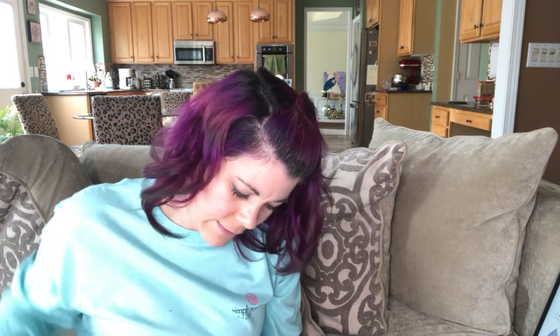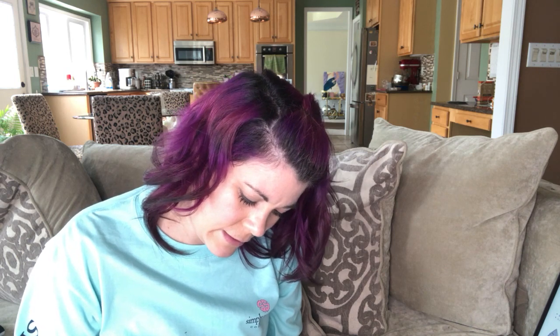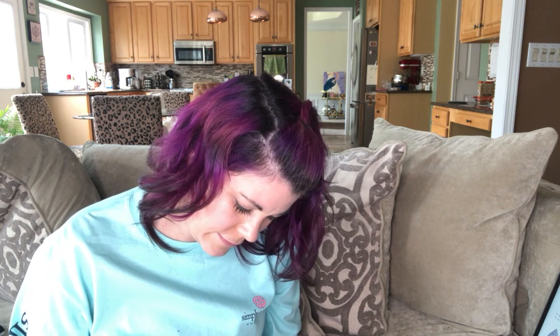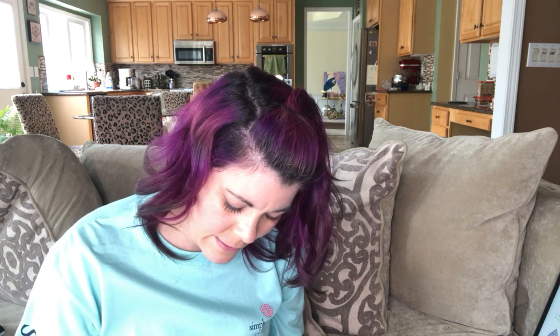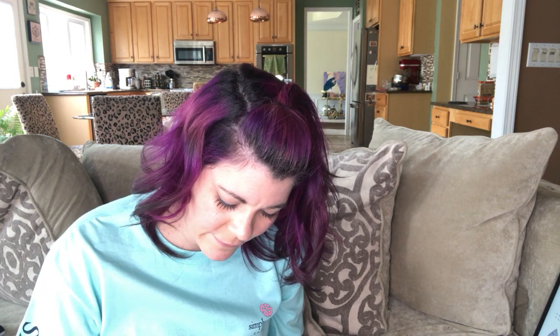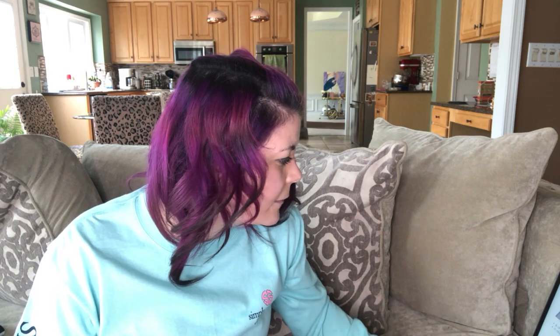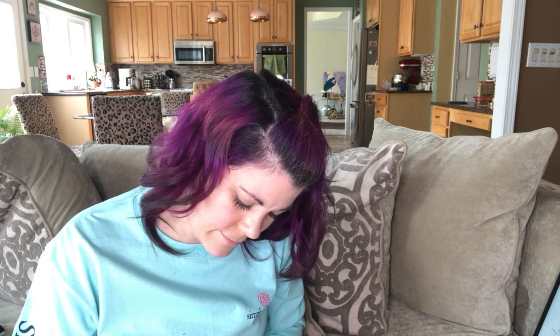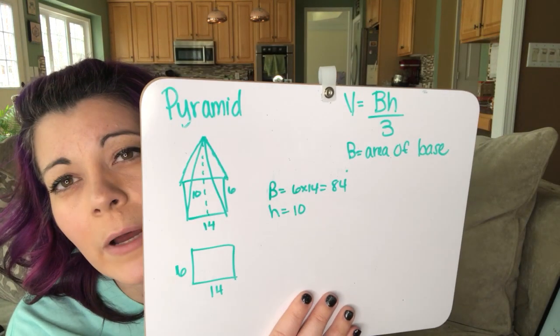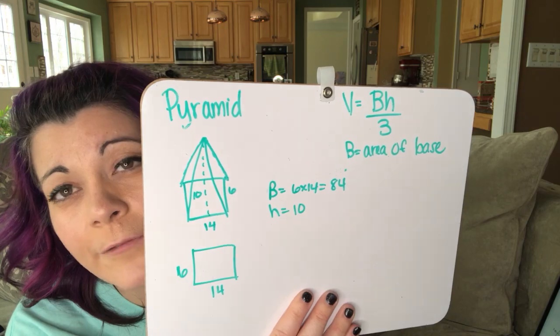So volume equals area of the base, so we need to find the area of the base. The base is a 6 by 14 rectangle, so 6 times 14 equals 84. And then the height of the pyramid is 10. So I'm going to plug all this into that formula.